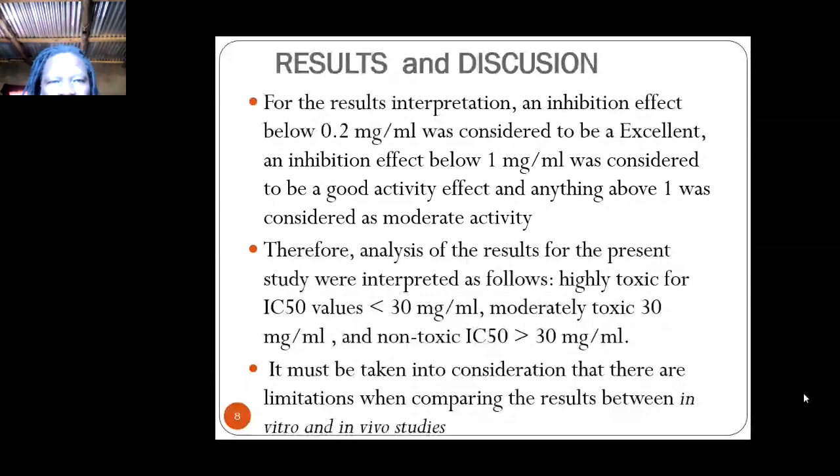If you look at plant A, for P. aeruginosa the MIC is 0.7, for SA it's 0.08, and for E. coli it's 0.63. Looking at their combination, the MIC starts to reduce, meaning they are more effective.